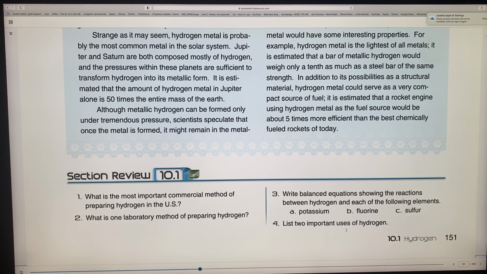Well, the synthesis of ammonia. They use hydrogen to produce ammonia. Ammonia is very important. And also the hydrogenation of vegetable oils, adding hydrogen to the vegetable oils so the oils are not so liquid, and you can actually use it commercially, and it's easier in the solid state.